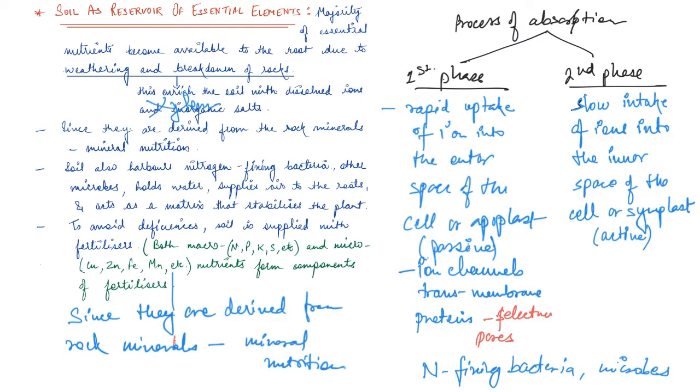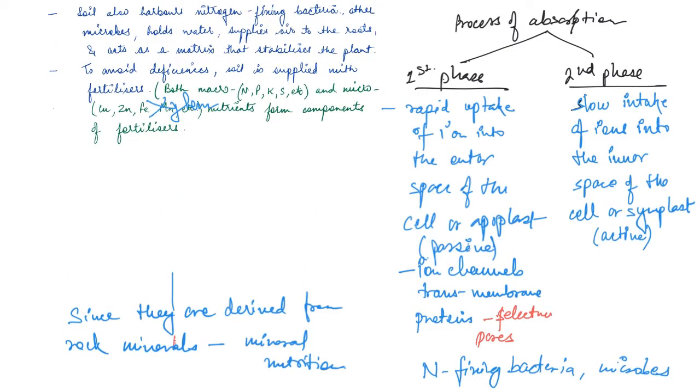So you would have heard the name fertilizers. So basically, we supply the essential mineral nutrients to plants through soil, and what we do is we basically mix the soil with fertilizers, right? Now, both macronutrients as well as micronutrients. So, what are the macronutrients, guys? I hope you would be remembering it. What are the macronutrients? So the macronutrients like say nitrogen, phosphorus, potassium, sulfur, all these things, right?